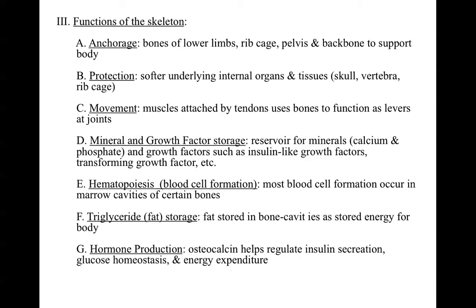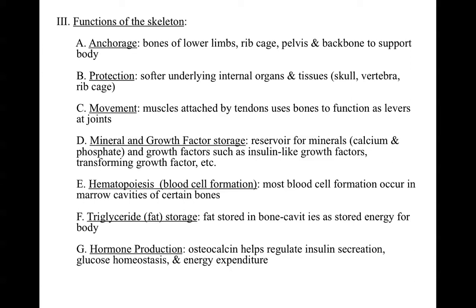It is a place for hematopoiesis, which is blood cell formation. Now, bones don't form blood cells, but they provide the cavity for hematopoiesis to occur. As you get older, your long bones that were filled with red hematopoietic tissue when you were a child tend to turn into storage areas for fat.